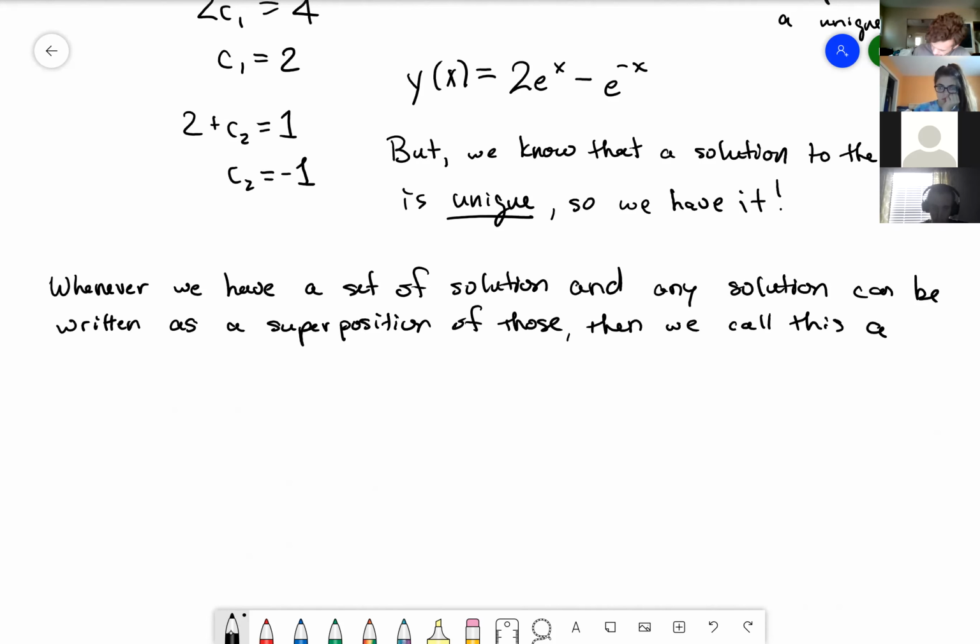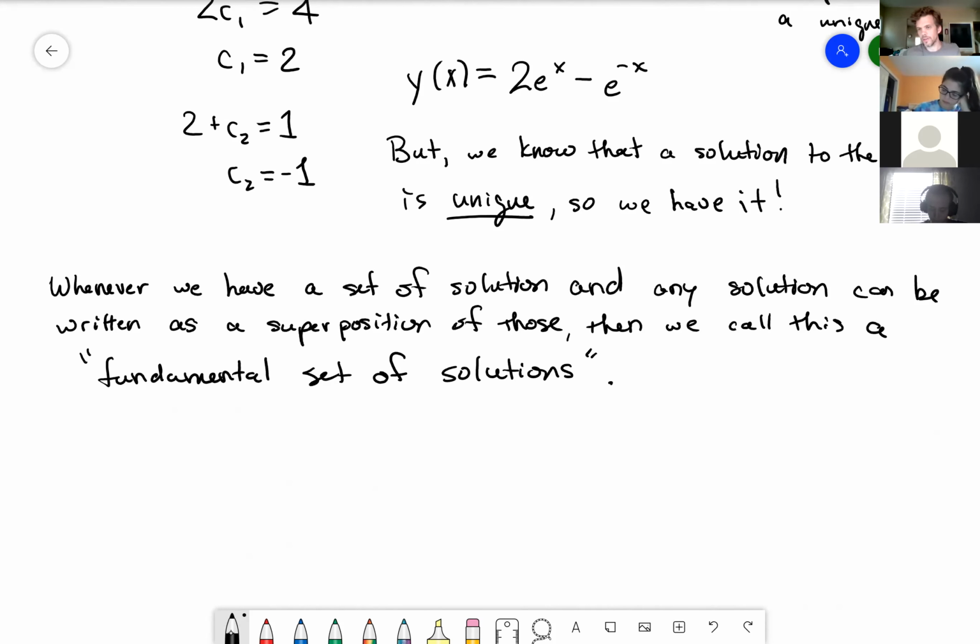We call this a fundamental set of solutions. So these are the solutions that we need in order to build all of the other solutions.